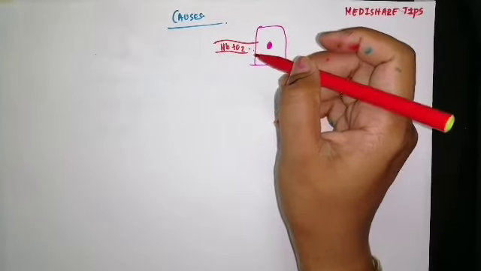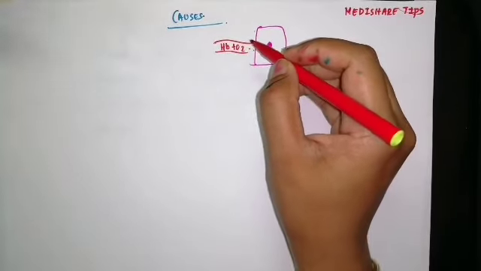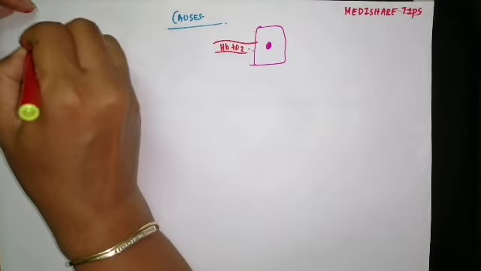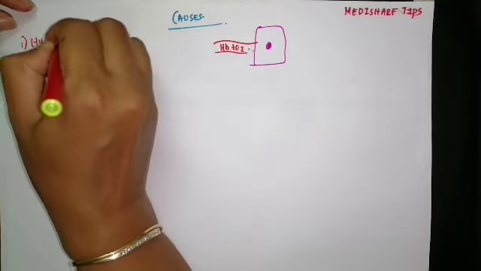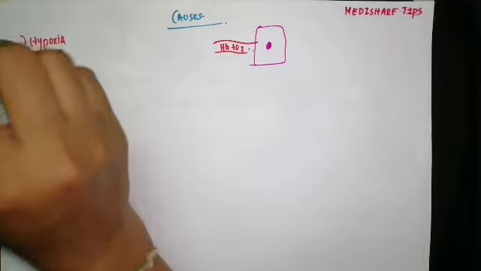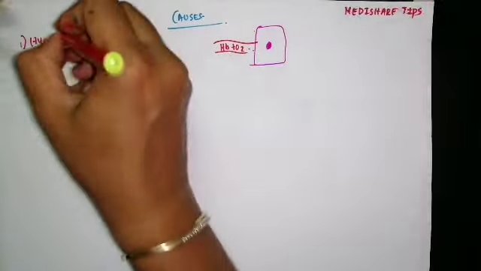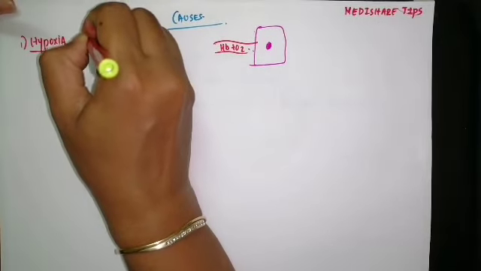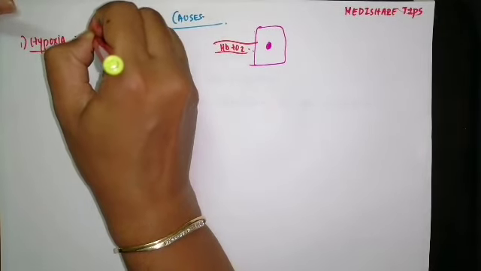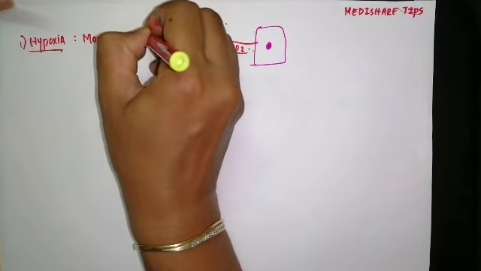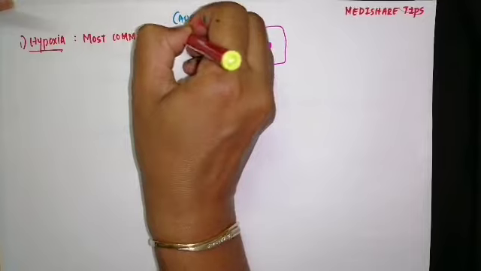When there is any decreased oxygen supply to the cell due to any cause, that is called hypoxia. So hypoxia is a condition in which the cell doesn't get enough oxygen. There is deficiency of oxygen to the cell. Hypoxia is the most common cause of cell injury.